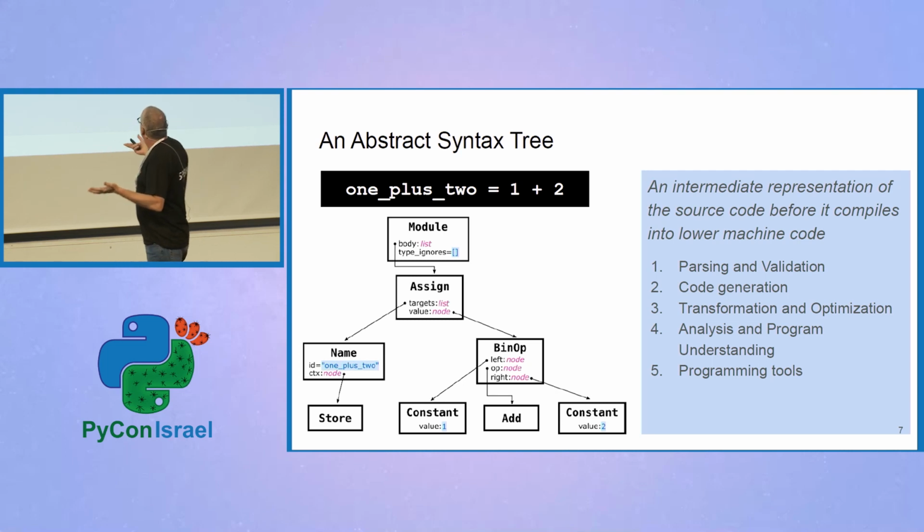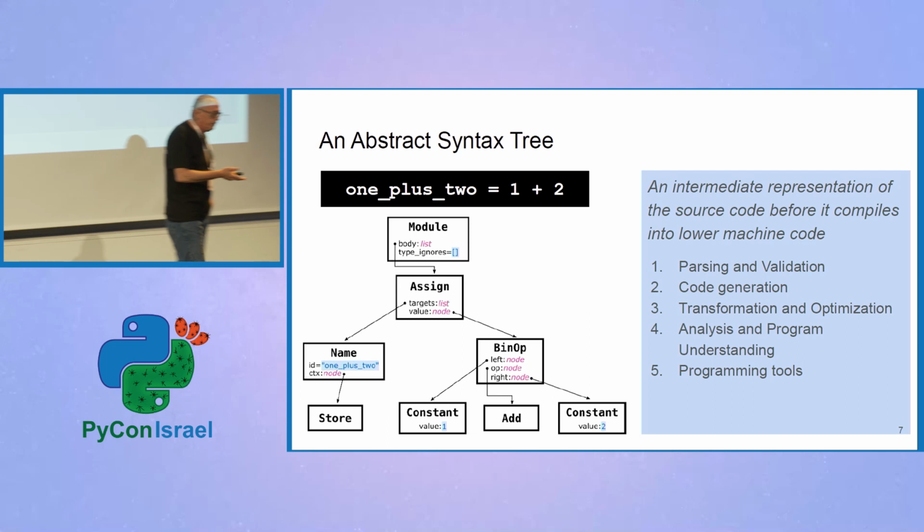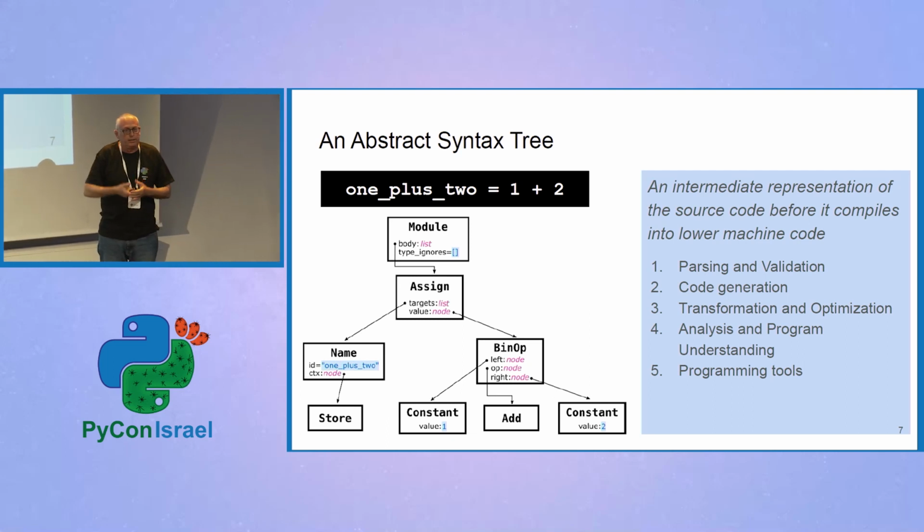The second usage is code generation. You can see that it is relatively easy to take the abstract syntax tree and translate it into some machine code, right? The store node is to store something in memory. The binary operation is an add operation. It is easy to traverse the tree and generate the code.